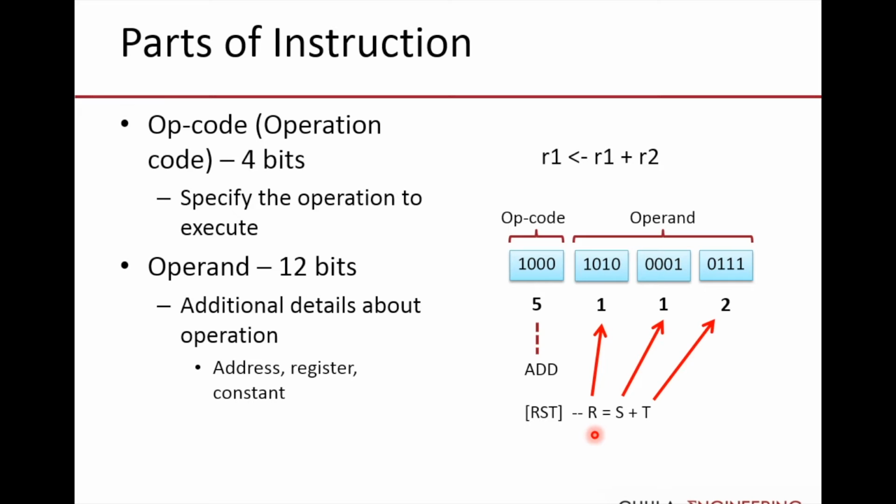This means for this instruction type, we will add the values from the registers indicated by S and T, and the result will be stored in the register indicated by R. These register numbers can be the same or can be different. For example, for 5112, this means we will add the values from register 1 and register 2, and the result will be stored into register 1.